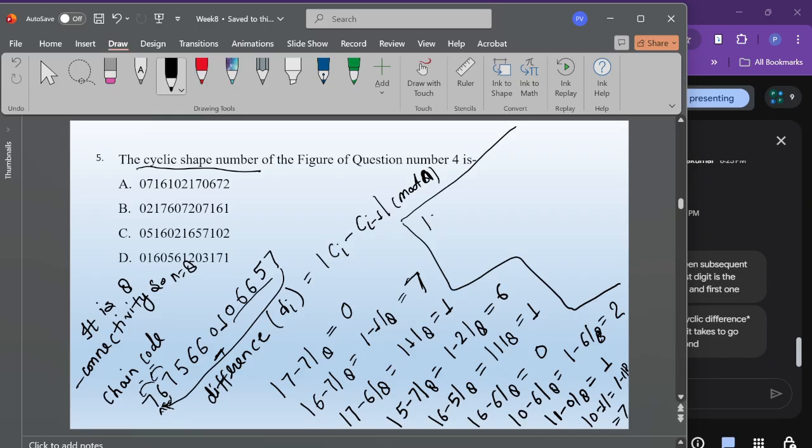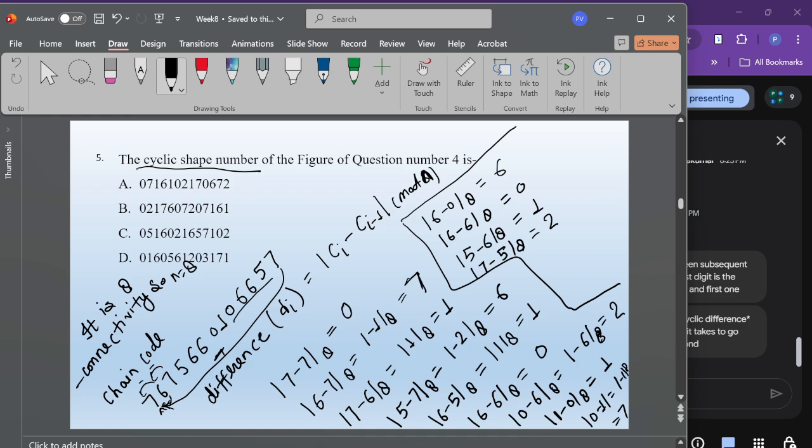So 0 minus 6 mod 8, and 6 minus 0, so 6 it will be only. Now again 6 minus 6 mod 8, 0. Then 5 minus 6 mod 8, it is 1. And the last one is 7 minus 5, so it is 2. Right?